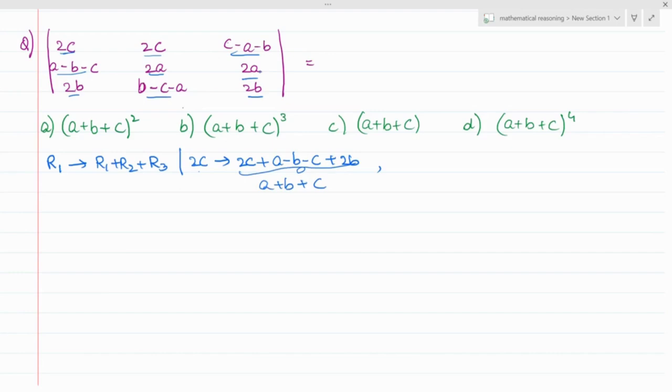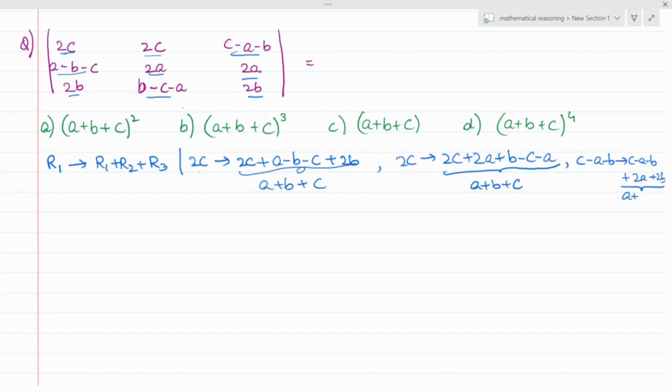Similarly, this value 2C, again when you do that, 2C plus 2A plus B minus C minus A. Again, this value is also nothing but A plus B plus C. Similarly, C minus A minus B changes to C minus A minus B plus 2A plus 2B.